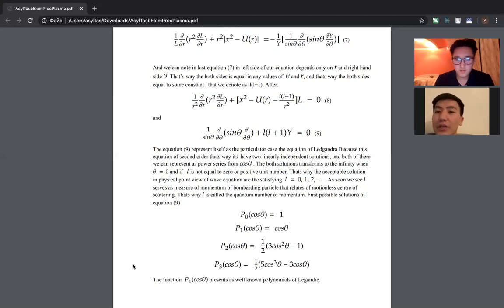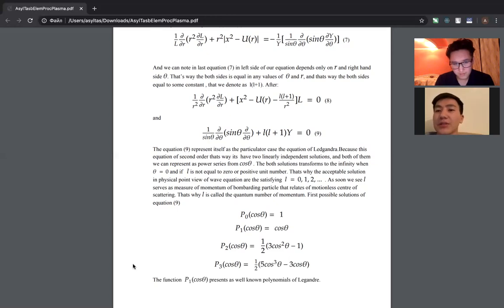So the physically acceptable solutions of the wave function are satisfied when L is equal to 0, 1, 2, and so on.